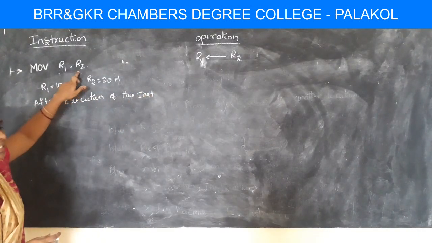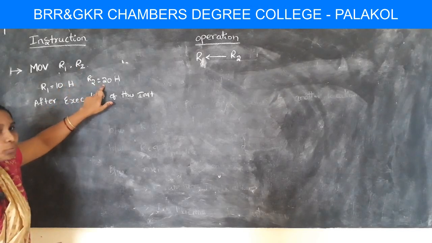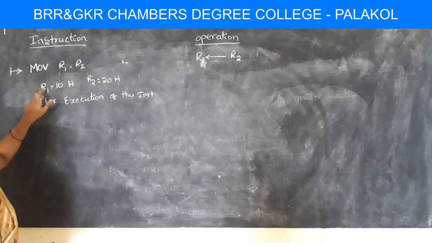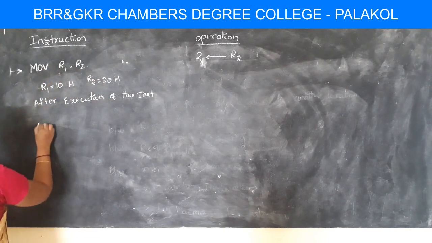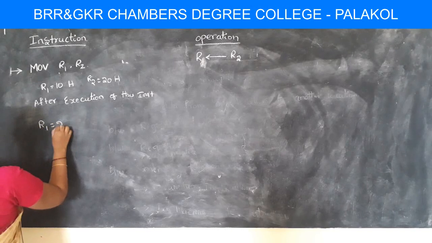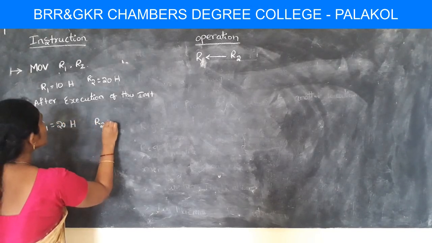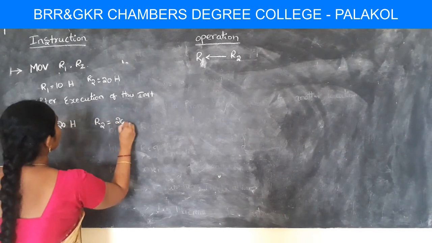What are the contents there in this R2 register, those contents are copied to this R1 register. So that means R1 is equal to 20H and R2 is also 20H.